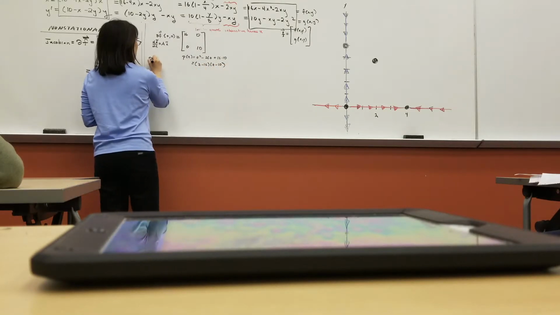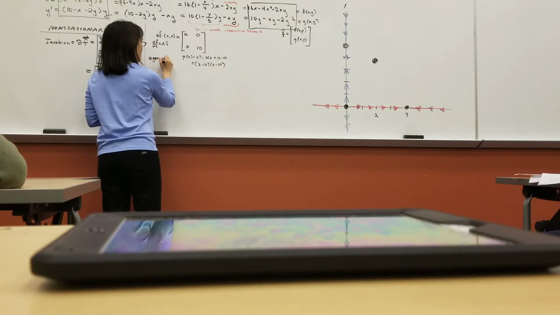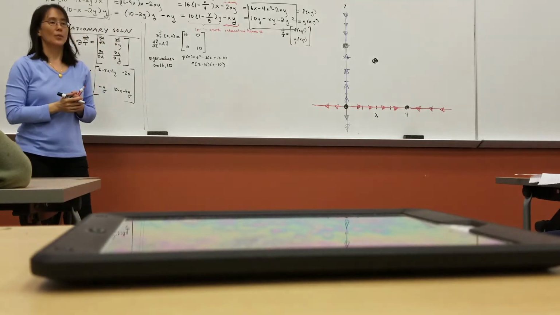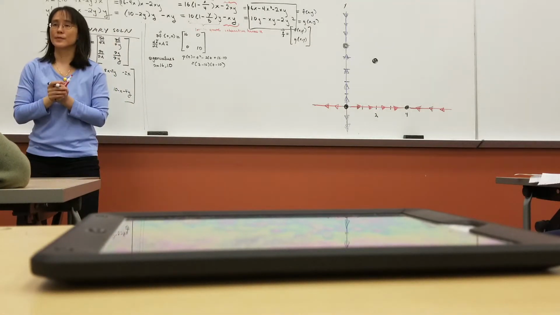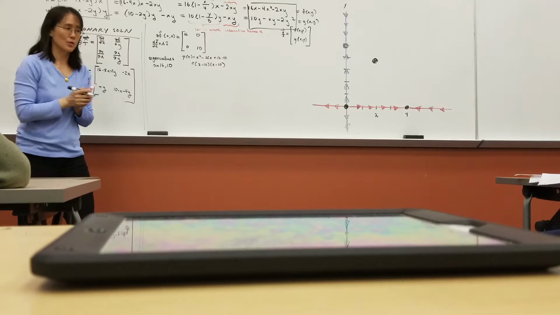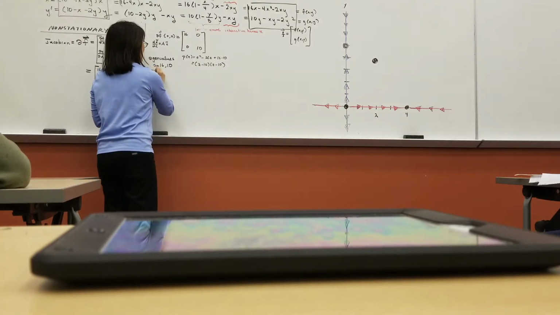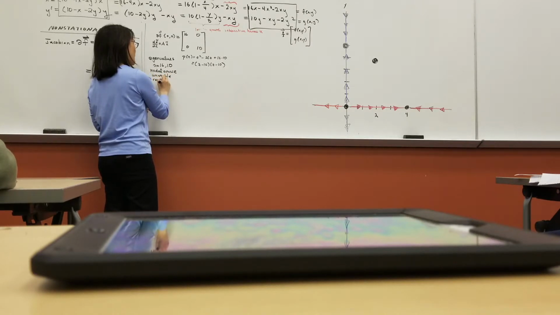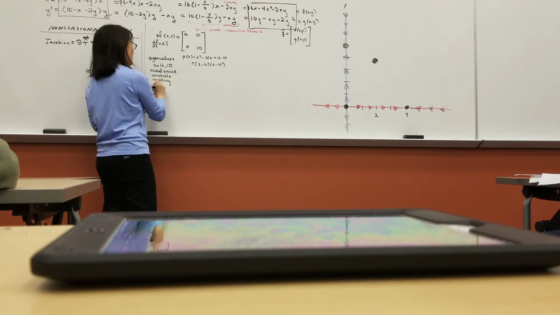So the eigenvalues, or the roots of the characteristic polynomial, are 16 and 10. When you have 2 positive, what do you have? Nodal source. Do you remember what nodal source was? Was it stable? It's unstable. And it's actually repelling, and not attracting. Of course, it can't be attracting because it's repelling.